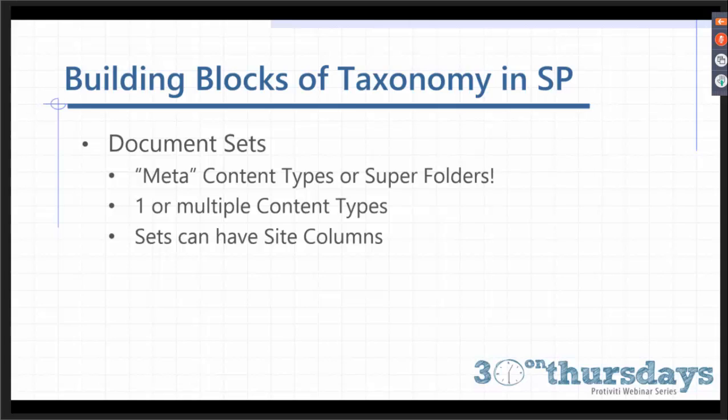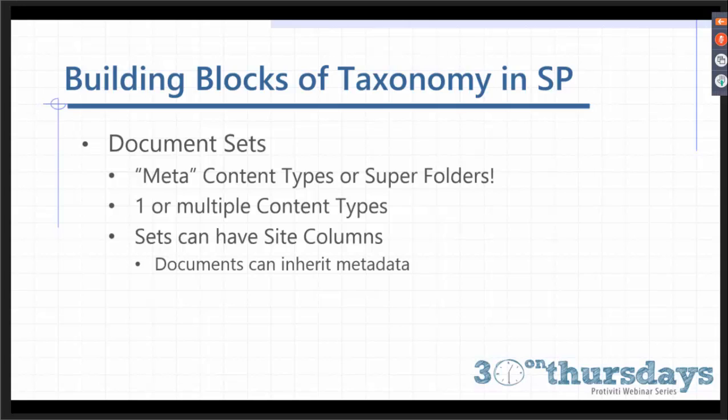A document set can have site columns. Why this is important is if you're just using folders to organize your information, you actually can't really associate much metadata with those folders. With document sets, you actually can have unlimited, well, minorly limited metadata columns for a document set.